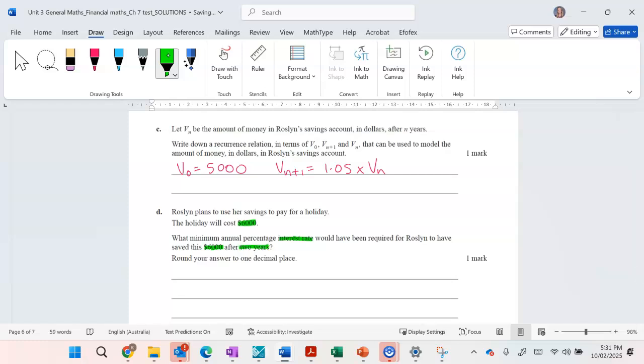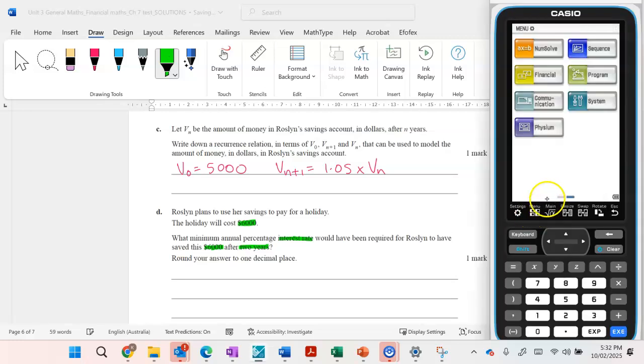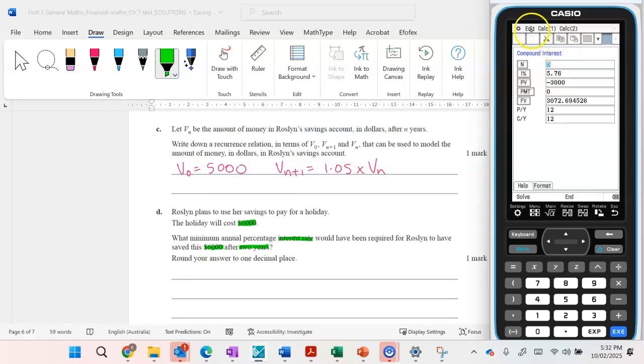All right, let's plug this all into the calculator. So let's clear. All right, so 2 years, so it's just 2 because it's compounding yearly. So we can put the 1 and 1 here. Our interest rate is what we're calculating.